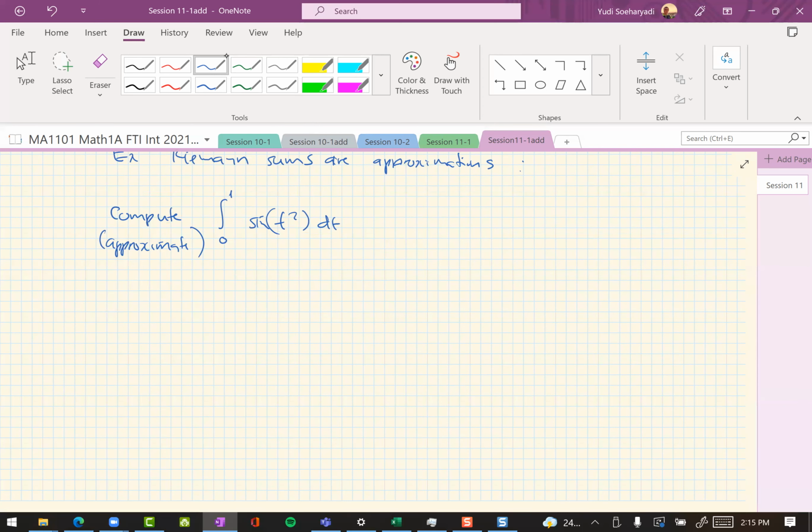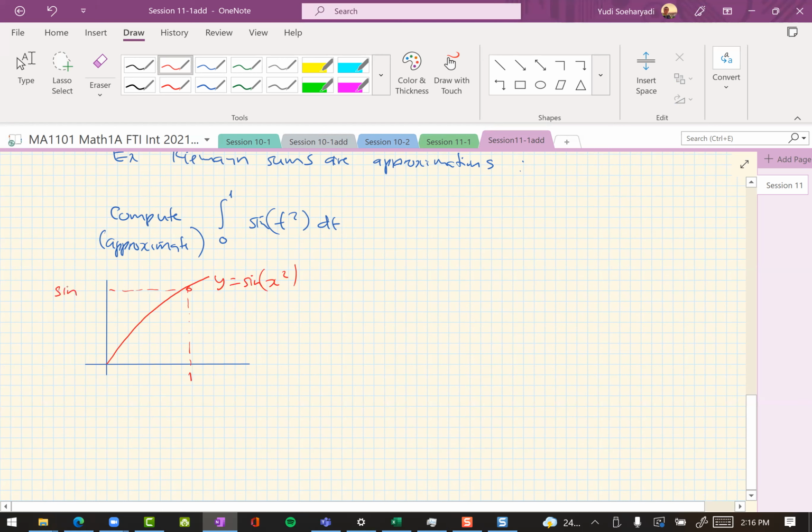The picture should look like this one, with y equal to the value of sine 1, in radians. All right, so let's do some Riemann sum.